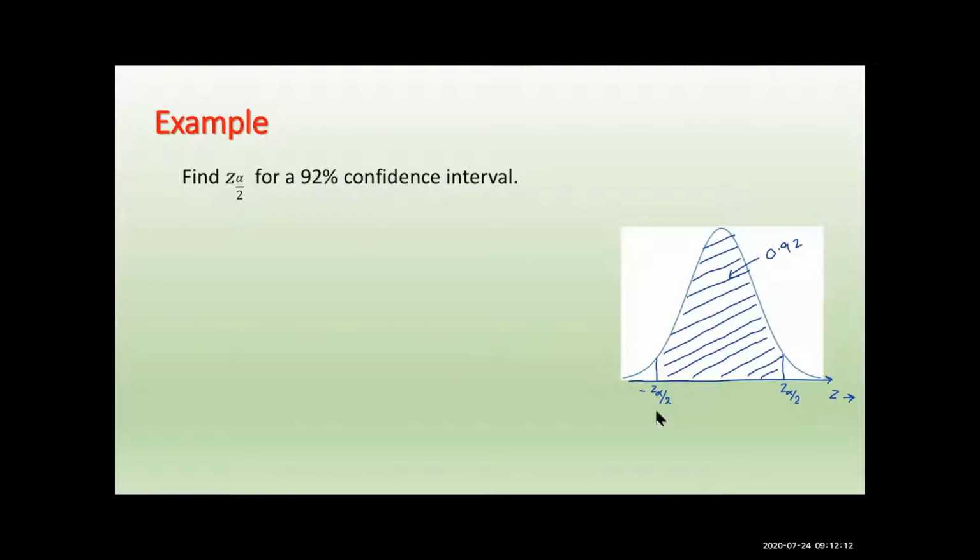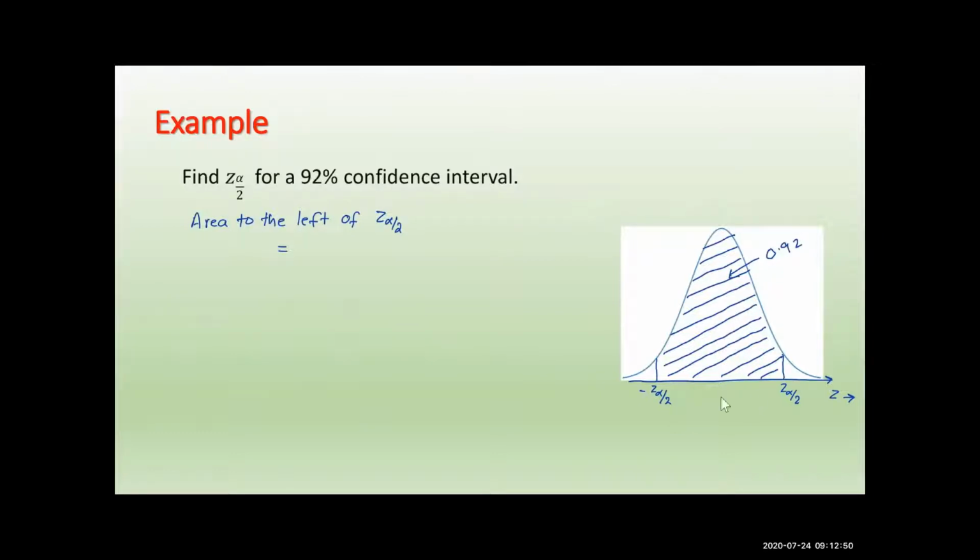In order to find Z alpha over 2, you always need the area to the left of Z alpha over 2. So let's find that area.